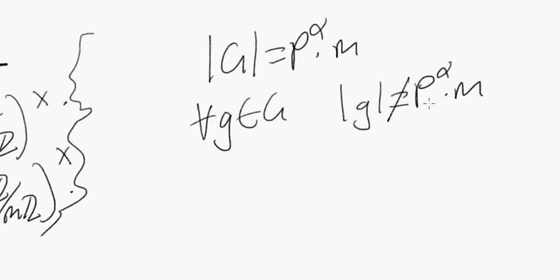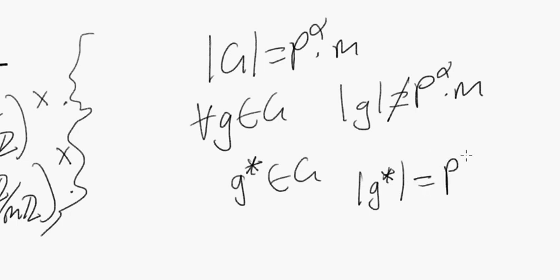But since the order of g divides p to the alpha times m, and the group is finite, can't we say that there exists some maximum, let's call it g star, an element of G, such that the order of g star is some p to the j times L, where this p to the j times L is the largest order that an element of the group can have?